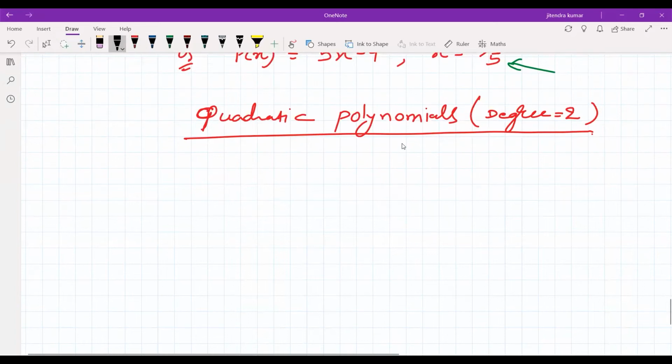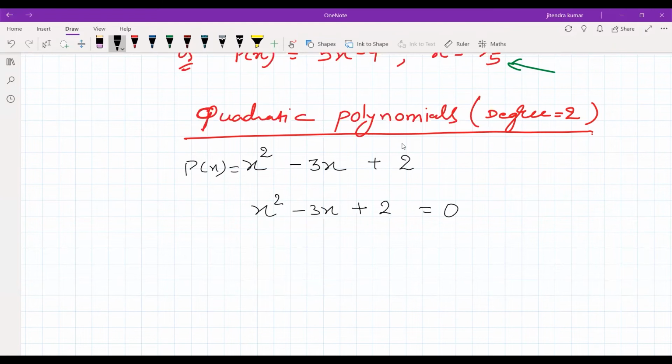Quadratic type means having degree 2, like x square minus 3x plus 2. So this is our given polynomial and we have to find its zeros, then it will be x square minus 3x plus 2 is equal to 0.